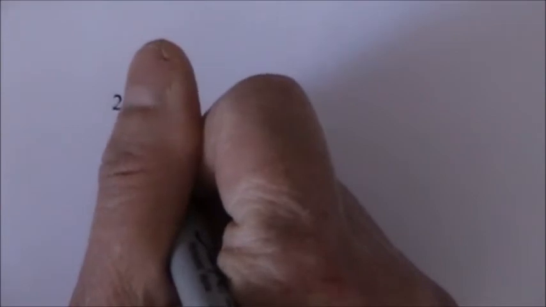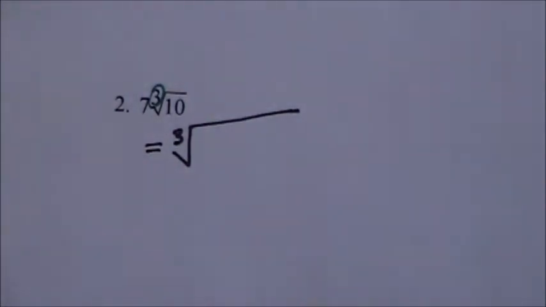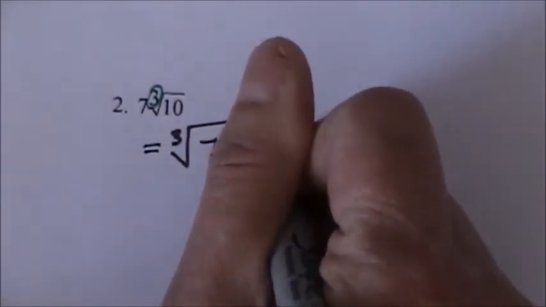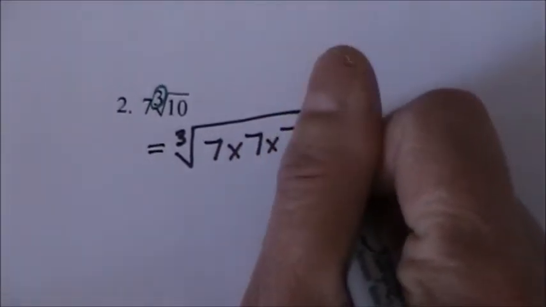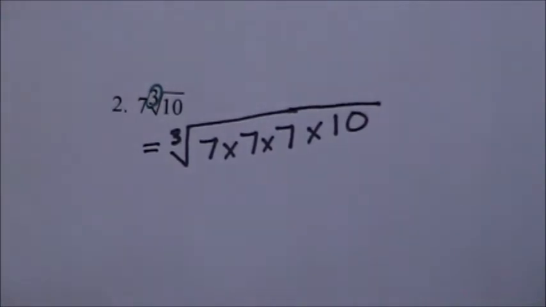That means as we put the 7 underneath, we're going to need 3 7s. So there's our radical sign with the index of 3. Our 3 7s, 7 times 7 times 7, and then times the radicand that was already there, which in this case was 10.